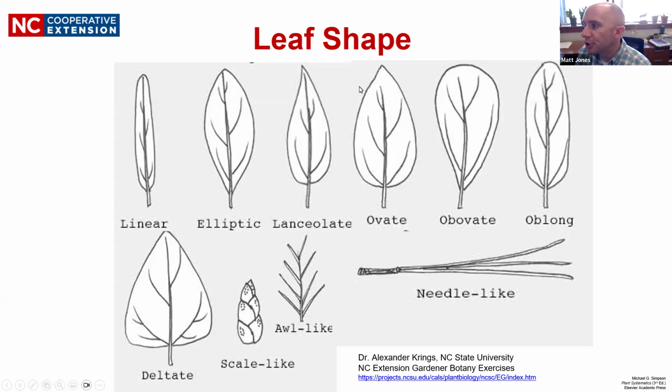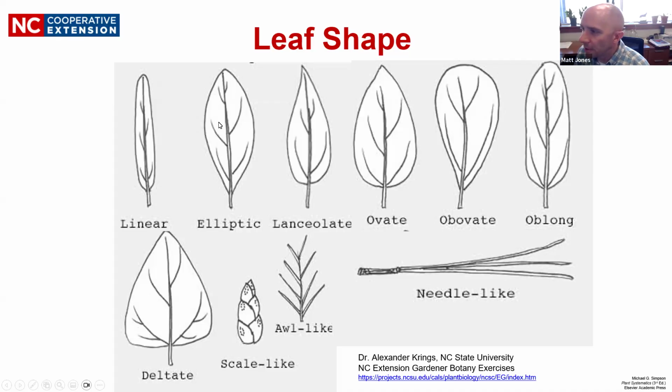Ovate means more egg-shaped. And then if you see the prefix ob, that is Latin for reversed. So think upside down. So if it's an obovate leaf, it's an upside down egg. If it's an oblanceolate leaf, it's an upside down spear tip. If it's an oblong leaf, it's an upside down long. No, not really. That's just confusing.